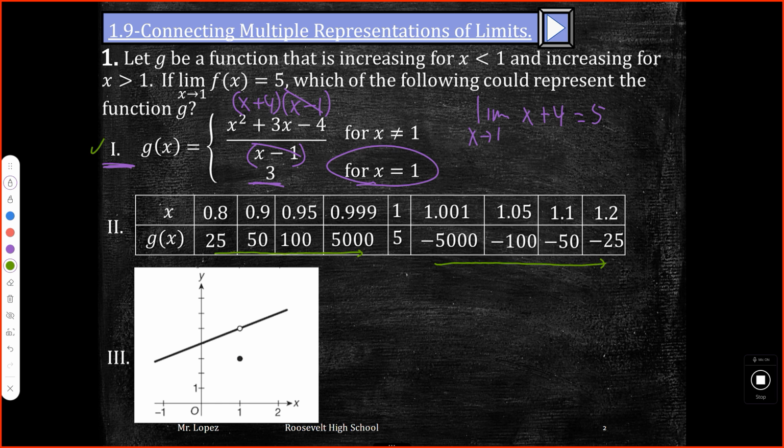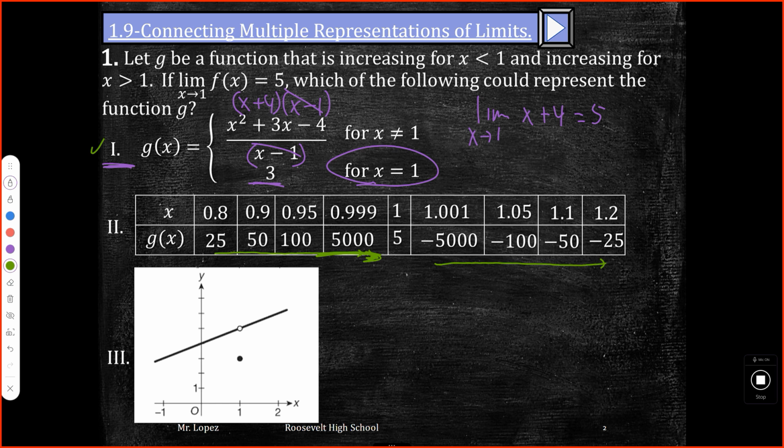On the left side is increasing, on the right side is increasing. What is the limit as we approach from the left? As we approach from the left, the limit's 5,000.